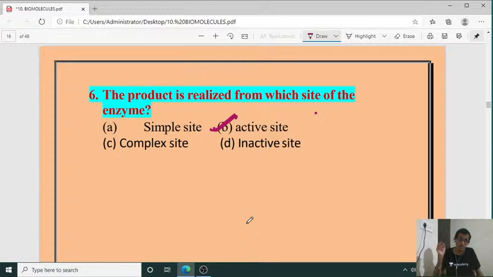Substrate is going to be attached to the enzyme in the active site, and the product is going to be released from the active site of the enzyme. It's not a simple site, it is the active site, the correct site where the substrate is going to bind. So the answer is B for the 6th question.